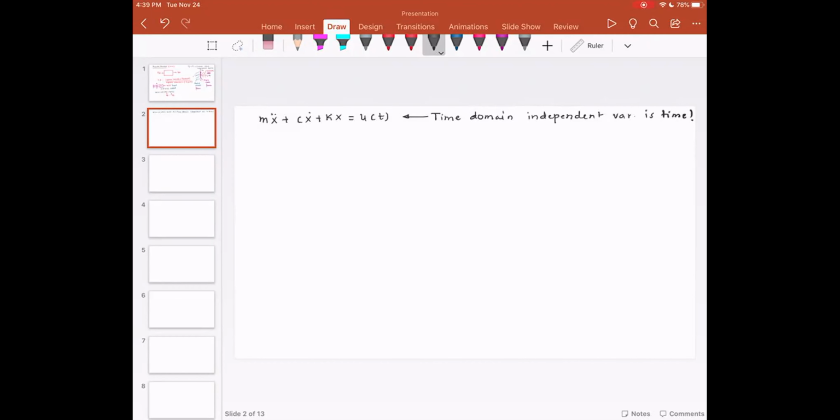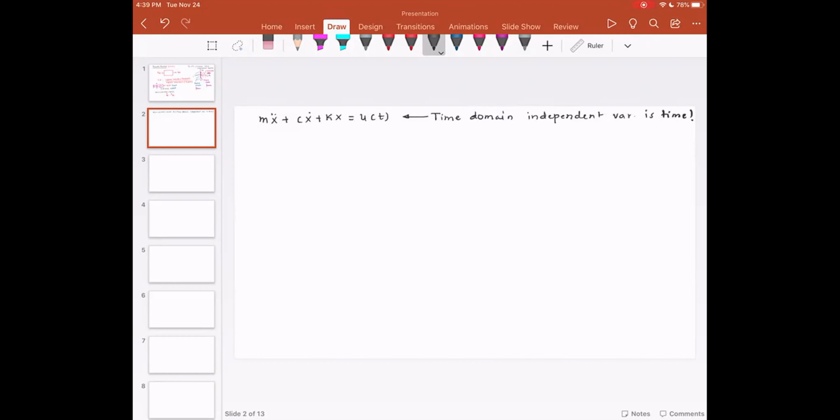If you have x dot of t in time domain, you're going to have s multiplied by x of s in Laplace domain. X double dot of t is going to be s square multiplied by x of s in Laplace domain. So you have the time domain and then you have the Laplace domain.